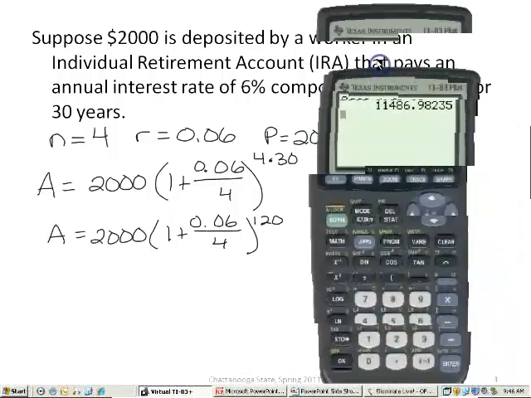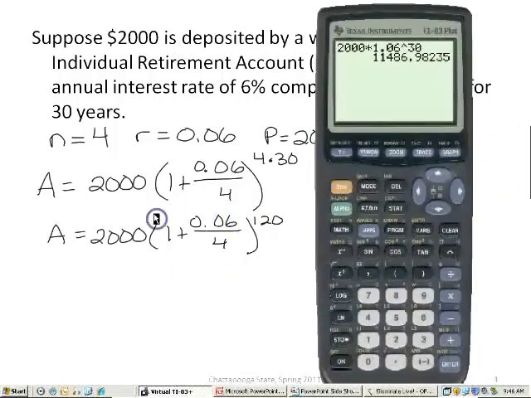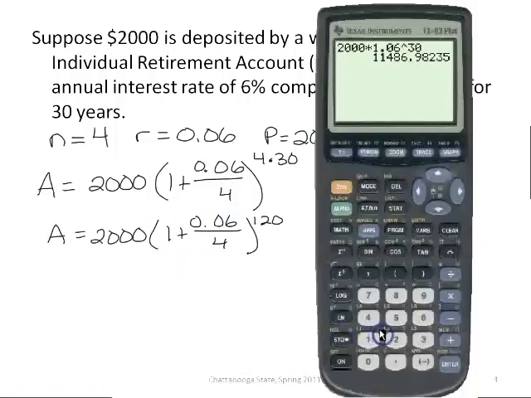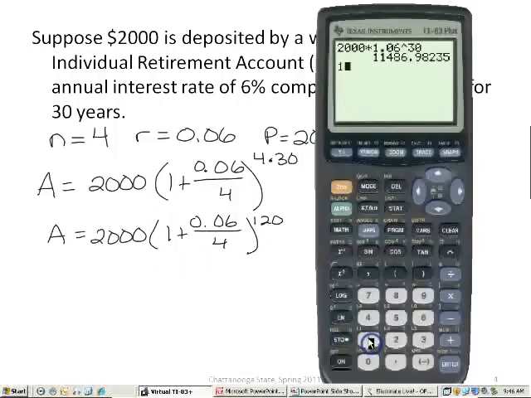Now, in order to put this in your calculator, I think what's easiest to do is to start here with your parentheses. Remember, order of operations, you always want to do that first anyway. So let's put this in our calculator first. Let me clear that out: parentheses, 1 plus 0.06 divided by 4, close the parentheses, and then raise it to the 120th power.